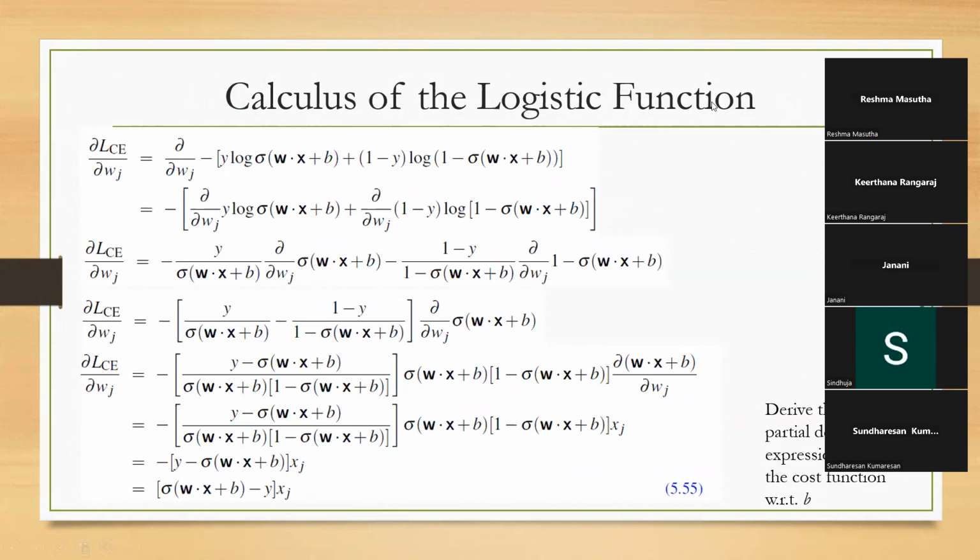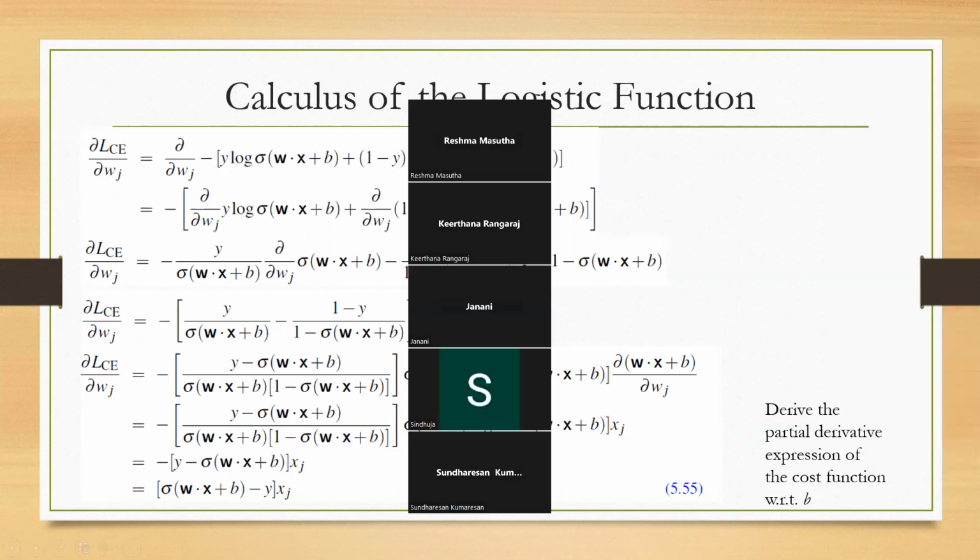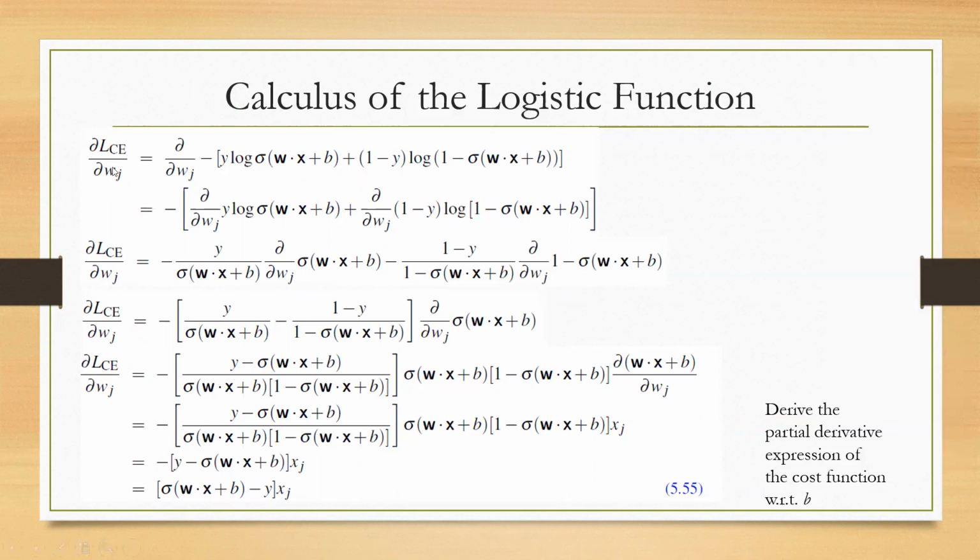Now let me ask a question so that you guys wake up. Derive the partial derivative expression of the cost function with respect to b. So here we derived it with respect to wj. I want you to derive it with respect to b.